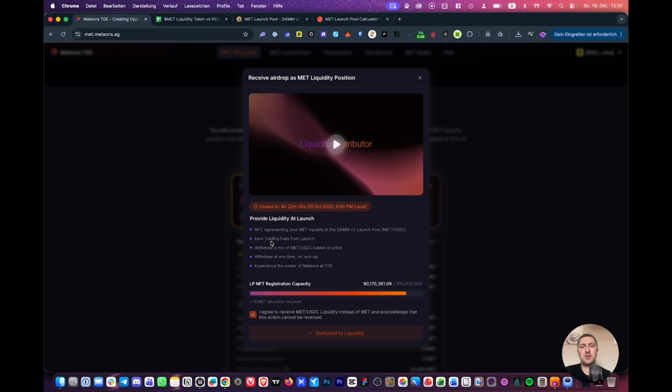And this is actually something unusual and probably never done before, because we are in a position where we can participate in liquidity provision and get fees from the first block, which only projects and launchpads could do.